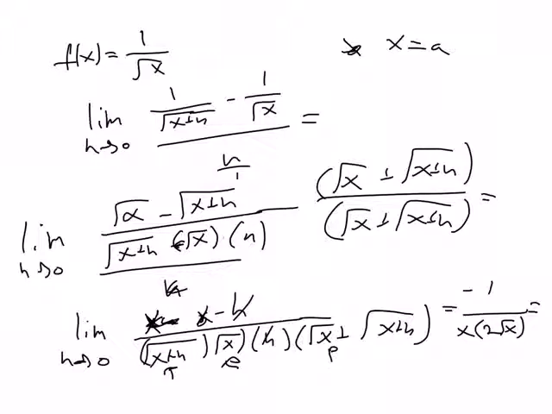Or in other words, this is equal to negative 1 over 2 times x to the 3 over 2. Okay, so that's what we got. f prime of x is equal to negative 1 over 2 times x to the 3 over 2.